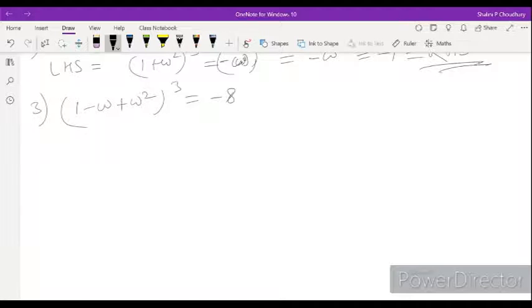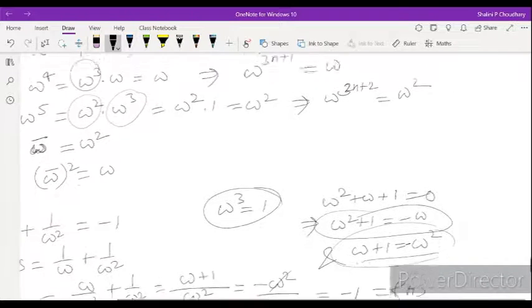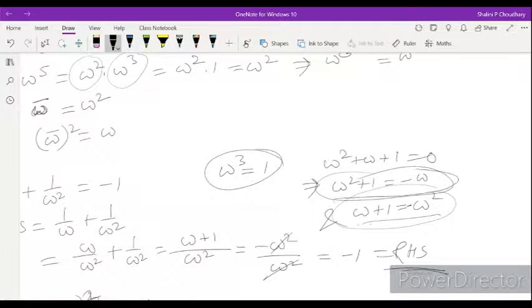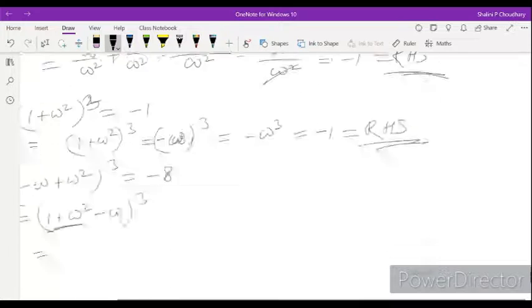We take the LHS, which is 1 plus omega square minus omega, to the power 3. As we know, the value of 1 plus omega square is minus omega.